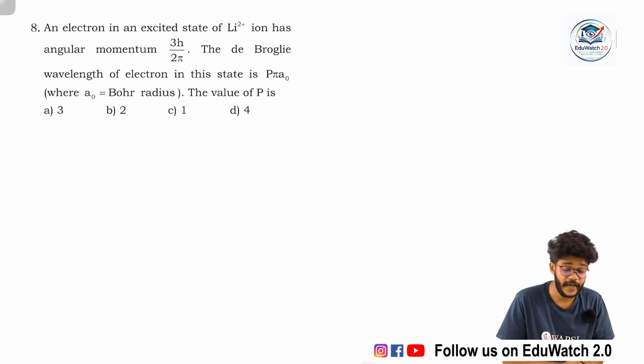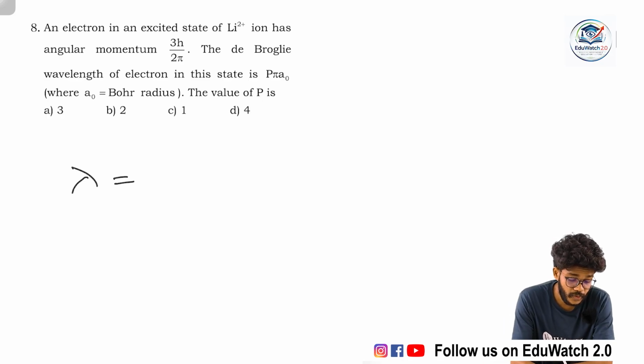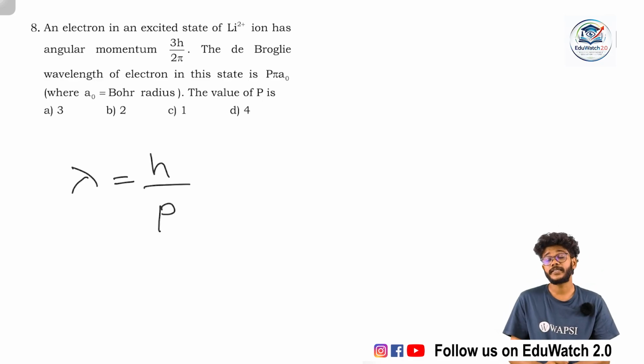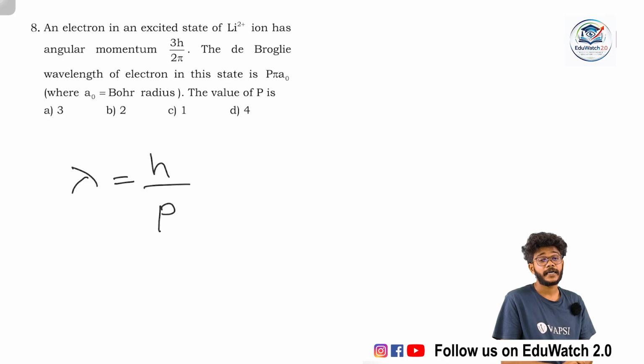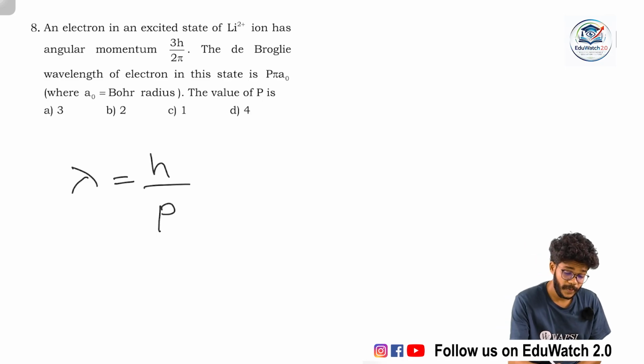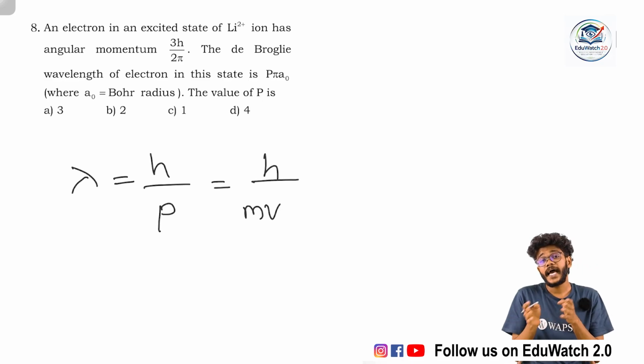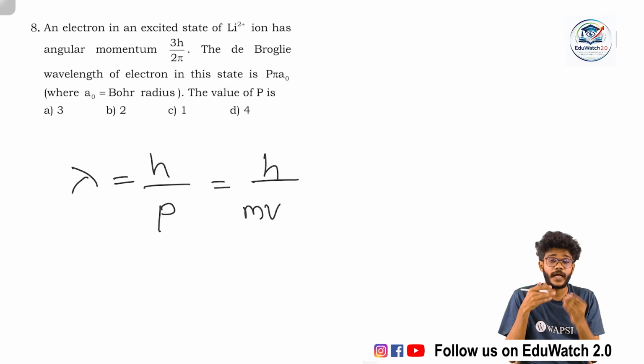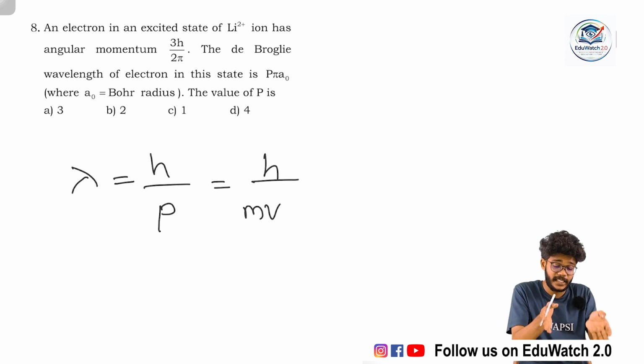We use the de Broglie wave equation: lambda is equal to h by p. What is p? p is momentum, so h by mv, and they have given the value of angular momentum. So we want to create an equation of angular momentum inside this equation.